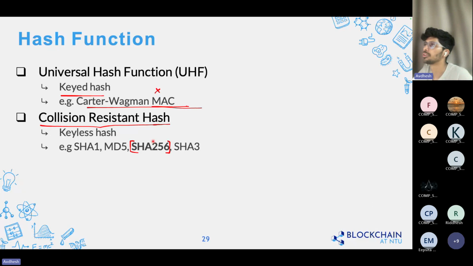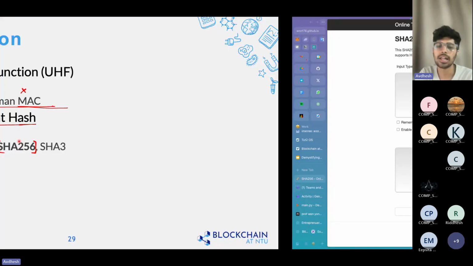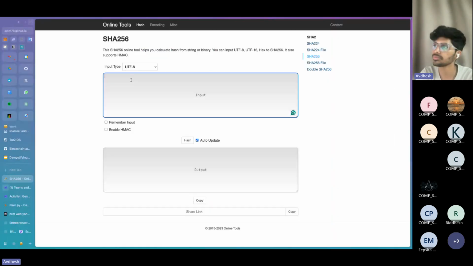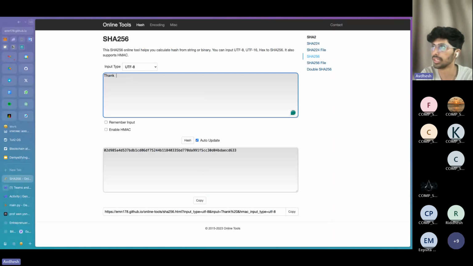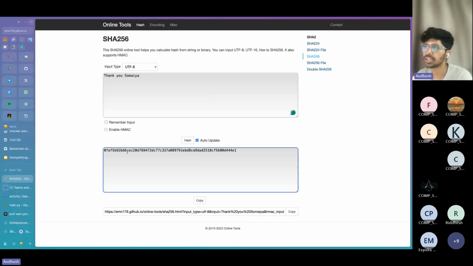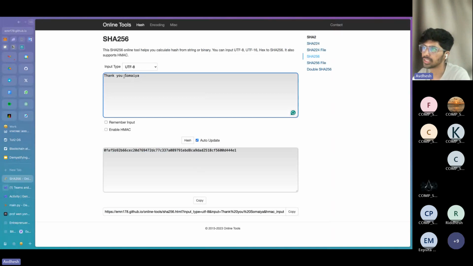So I'll just demo you something. I'll write "thank you, Somaiya". Okay, so this is the hash we have right now. Let's suppose I change the capital S to a small s. Before changing, we had 4EA5CC, 8ECB for the small one.